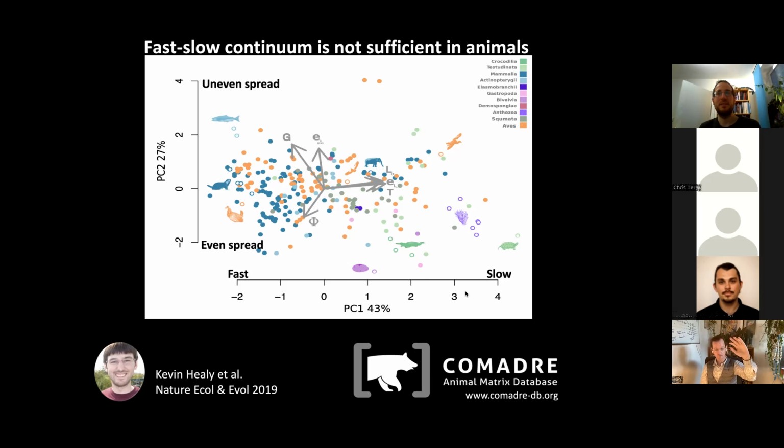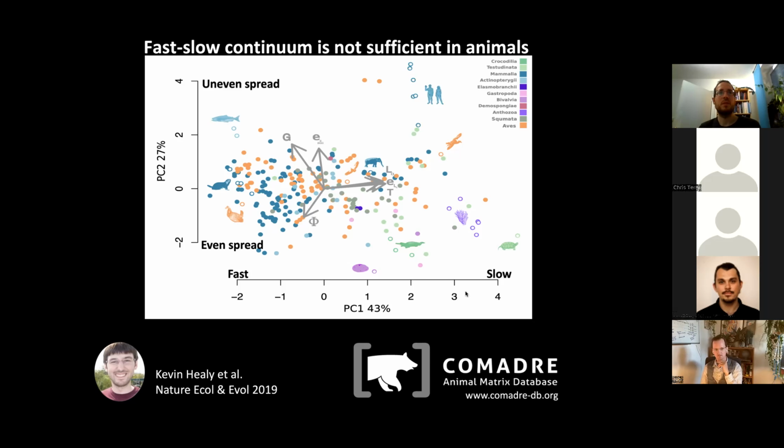So now we have semelparous species at the top, like salmon, and humans as well. Humans are relatively semelparous compared to many other species of animals. And species towards the bottom, like crocodiles and turtles, highly iteroparous, are found at the bottom.